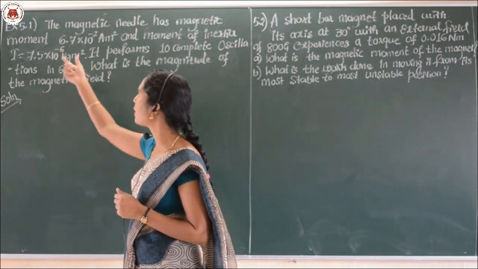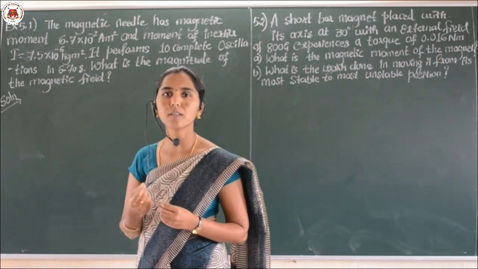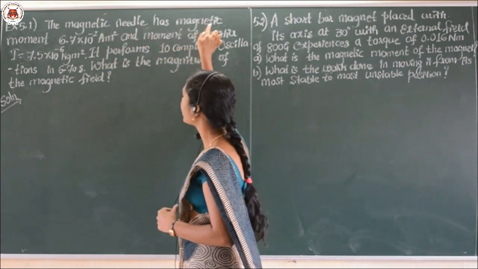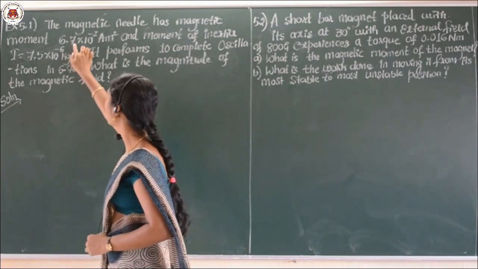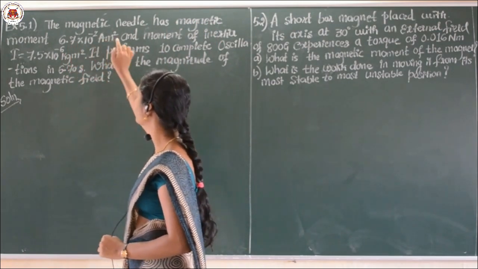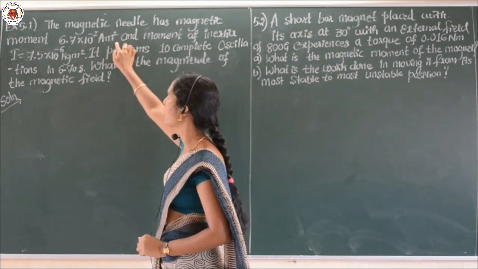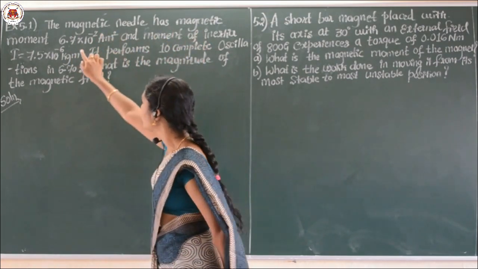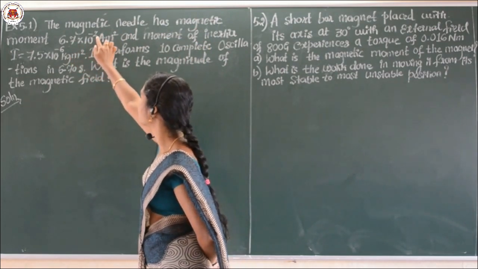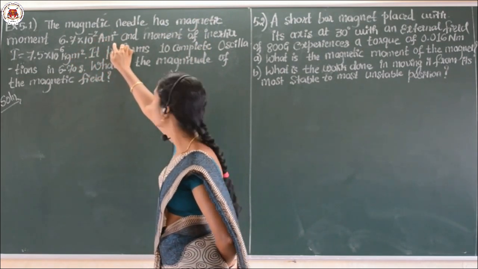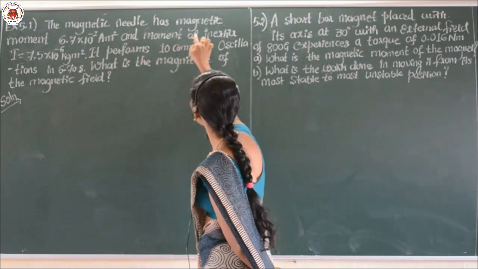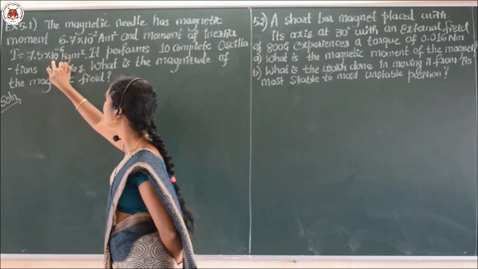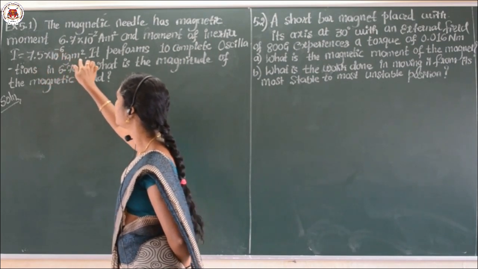That is example 5.1. What is that numerical here? The magnetic needle has a magnetic moment of 6.7 into 10 raised to minus 2 ampere meter square, and moment of inertia I is equal to 7.5 into 10 raised to minus 6 kg meter square.